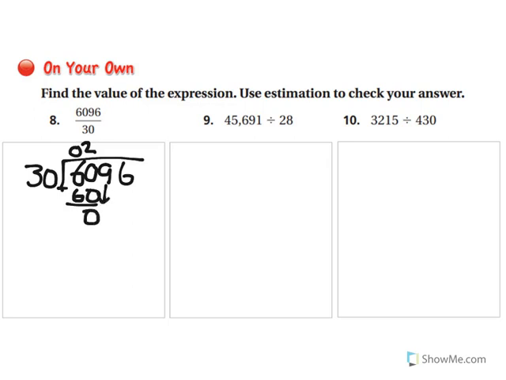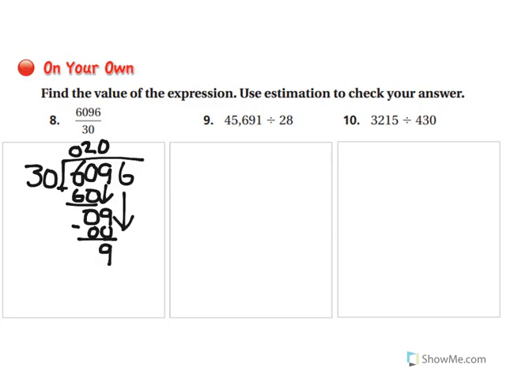I'm going to bring down my 9. And so I have a 9. How many times can 30 divide into 9? Well, it's going to be 0. So I'll put a 0 here. 0 times 30 is 0, right? So I subtract, I get a 9 left over.